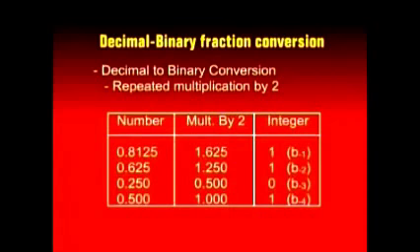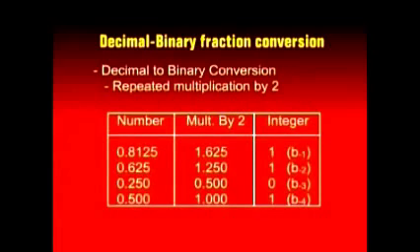The result is 1.250. Again, the integer part 1 is noted and the fraction part 0.250 is multiplied by 2. The result is 0.5. Again, the integer part, which is 0, is noted and the fraction part 0.5 is multiplied by 2. We are using continued multiplication by 2.